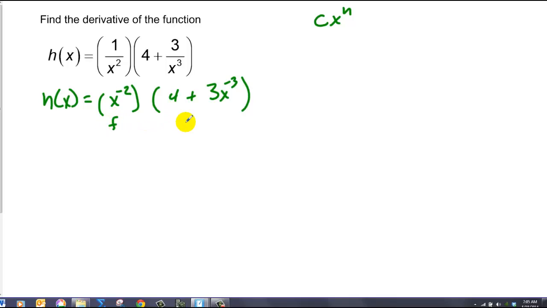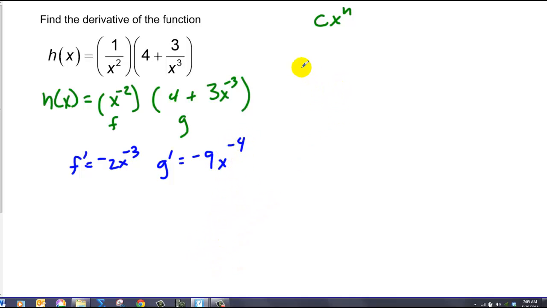Therefore, if I call this my f function and this my g function, I can take each derivative now. F prime is equal to negative 2x to the negative 3, whereas g prime is equal to negative 9x to the negative 4.